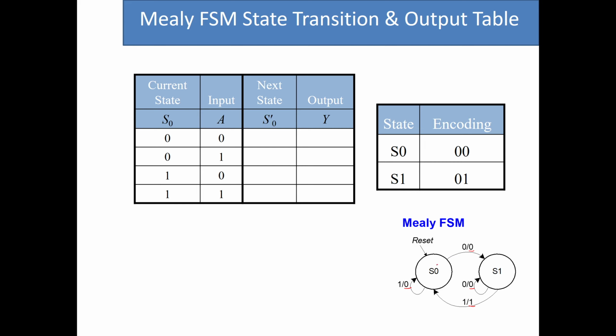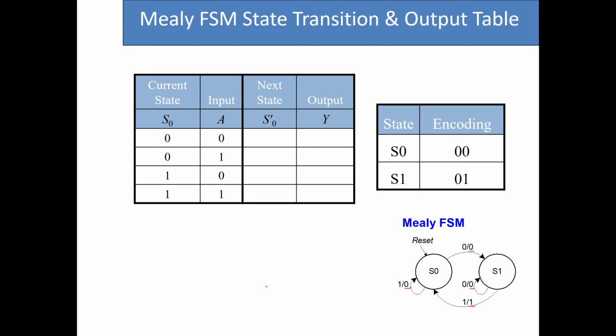So now based on this, it is only natural to combine the two tables, both the state transition table and the output table for the Mealy FSM. Because both the next state values and the outputs are dependent on the current state of the system and also the inputs.